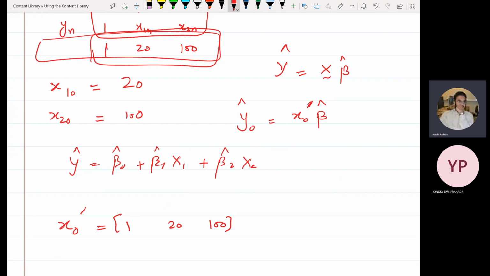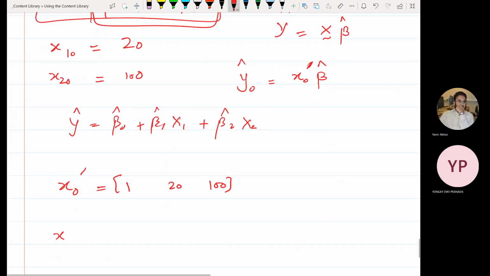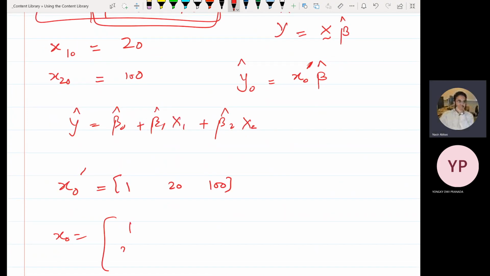I'll put a prime here, so that the original x naught is the column 1, 20, and 100. The name given to the vector is a column, but because I need the row and not the column, I'll take the transpose of that.